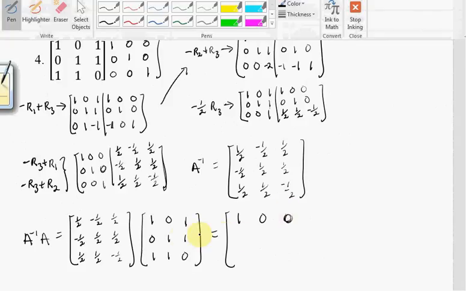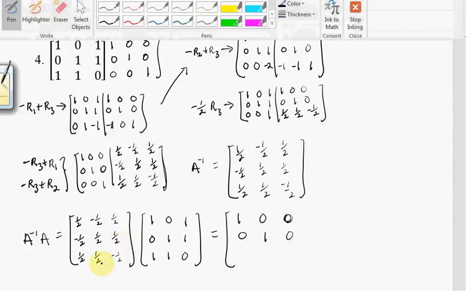So then we come down to the second row, first column. So we get 1/2, 0, negative 1/2, and a positive 1/2, we get 0. Second row, second column, 1/2 plus 1/2, we get 1. Second row, third column, negative 1/2 plus 1/2 is 0. Then plus 0, we get 0.